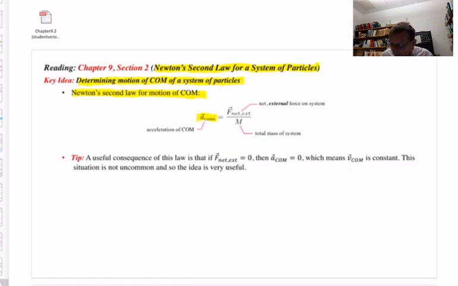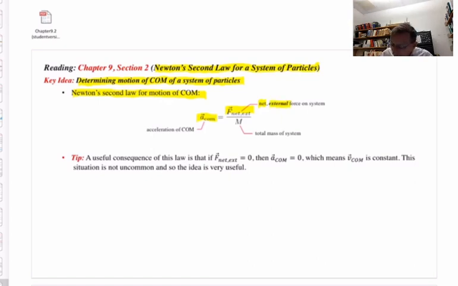Upstairs, notice what I've written: F arrow subscript NET, comma, EXT, because that subscript is very important. The NET means net. You have to have the total force, but it's got to be what are called external forces on the system.